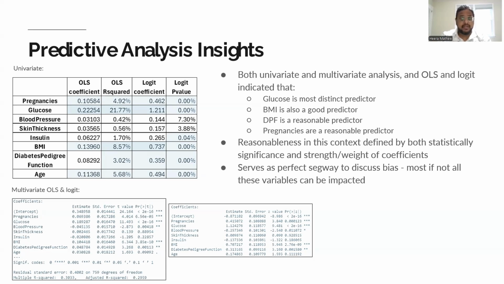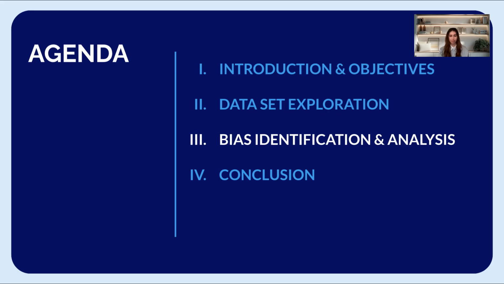Now, in this context, we define reasonableness as both statistically significant as well as the strength and weight of the coefficient in how that impacts the outcome. And so this then becomes a perfect segue to discuss bias, which impacts or is embedded in pretty much most, if not all, of these variables. And that is what we'll see next.